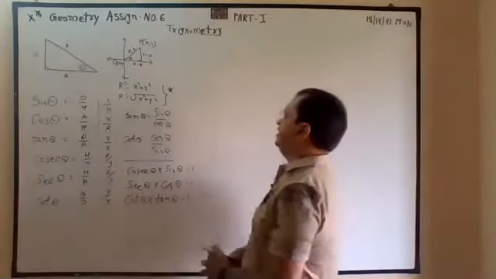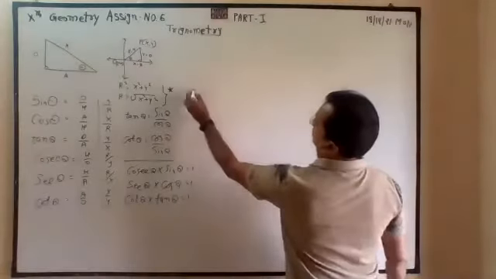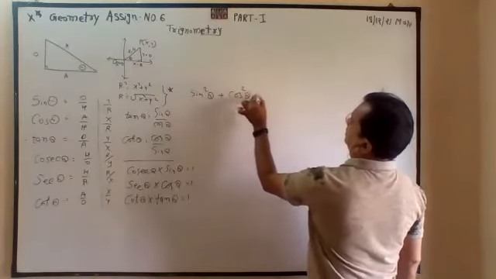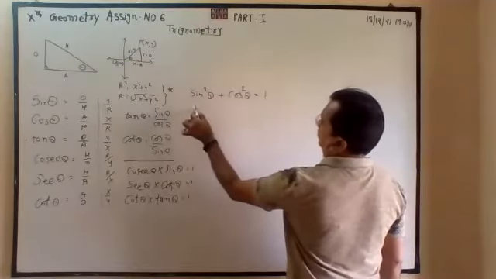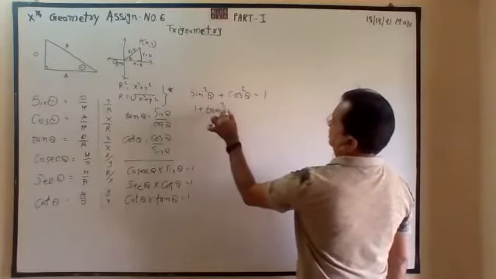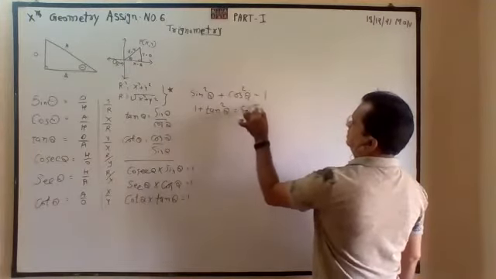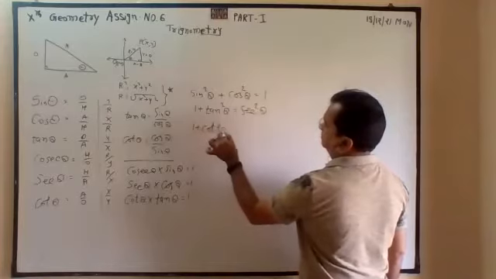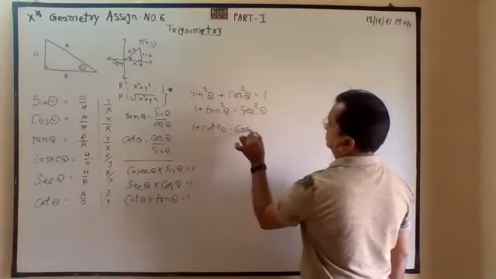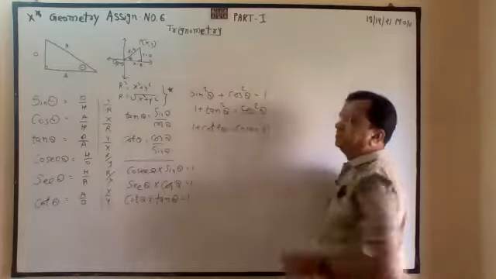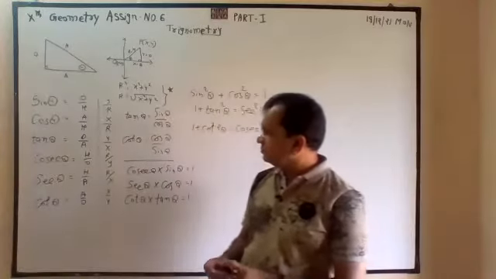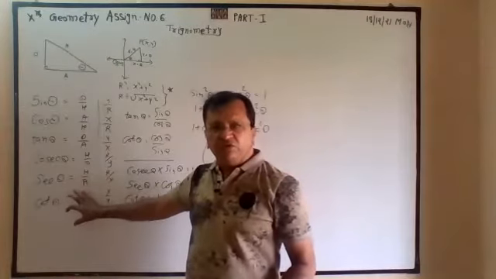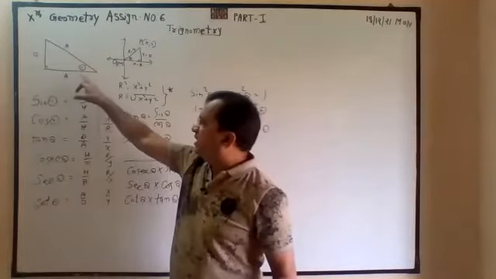And three identities, that is very important. Sin square theta plus cos square theta is equal to 1, and 1 plus tan square theta is sec square theta, and 1 plus cot square theta is cosec square theta. These are the ratios as per the position of theta. This is 90.